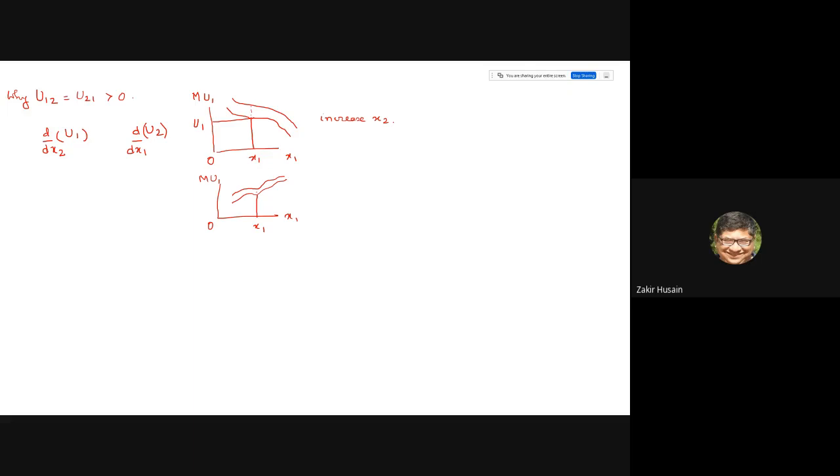The quality of the seat improves, your utility also increases. Suppose the increase is 5 units, right? Now I bring in x2.